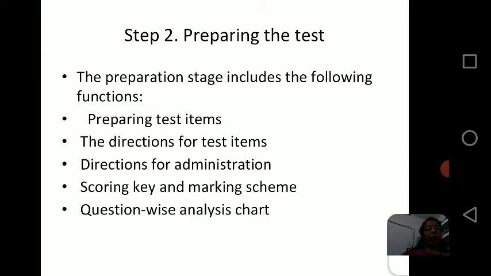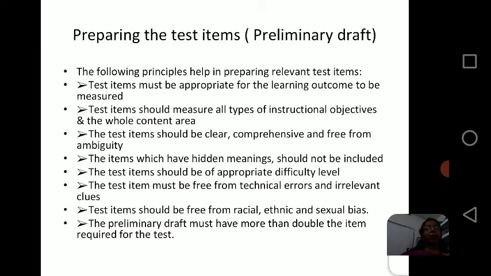Then scoring key and marking scheme, like in the previous case, question wise analysis chart also in the previous case. Then preparing the test items. These items are called the preliminary draft.